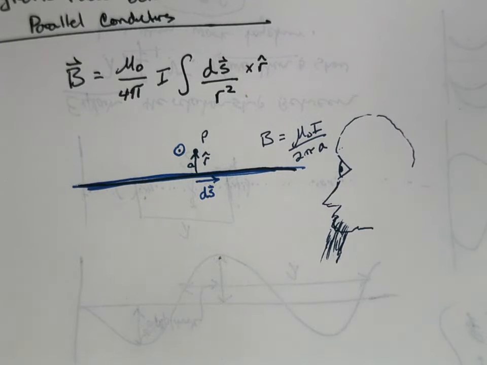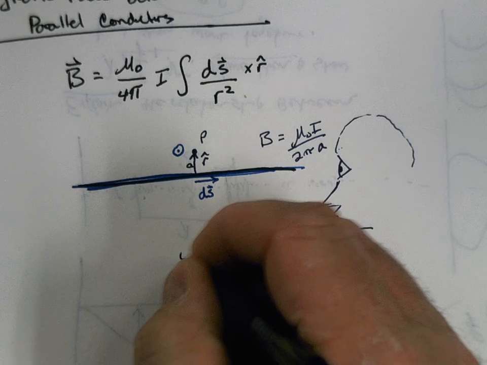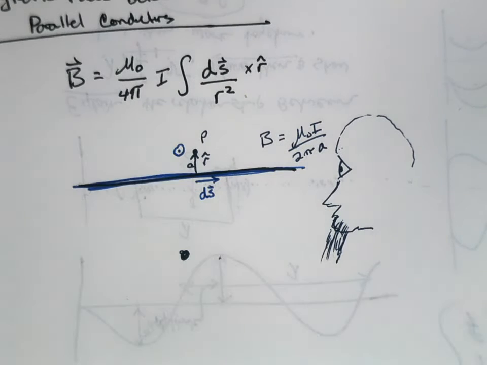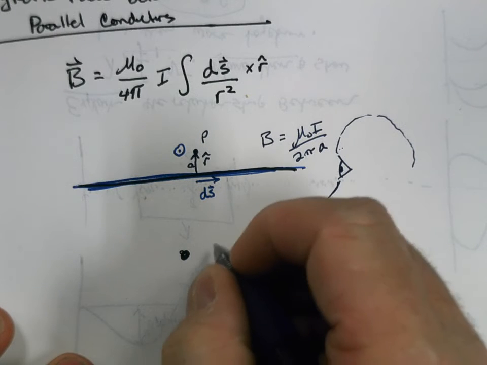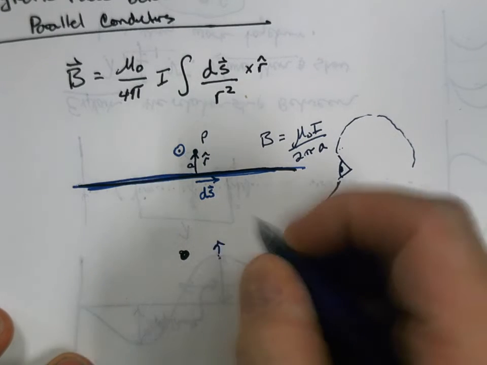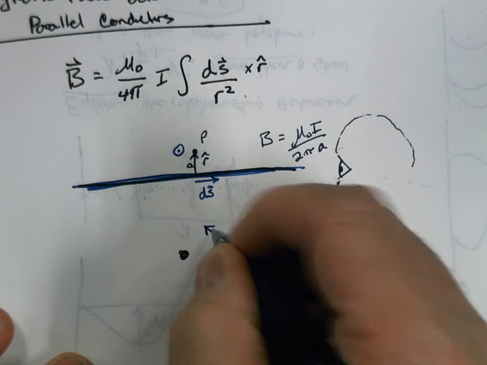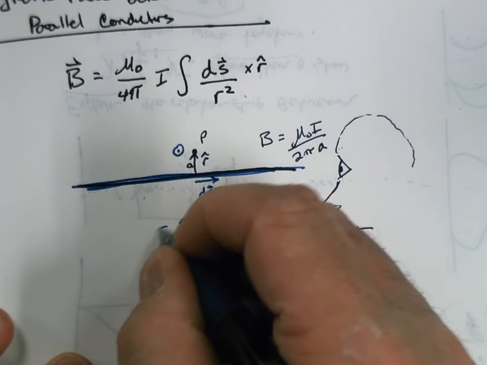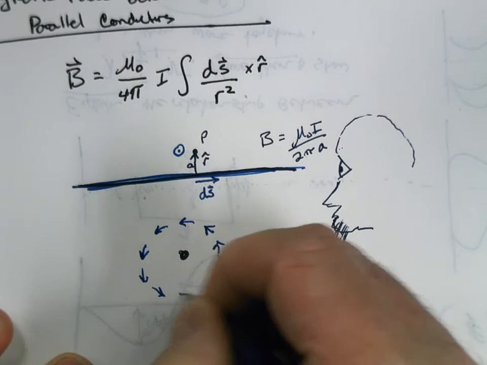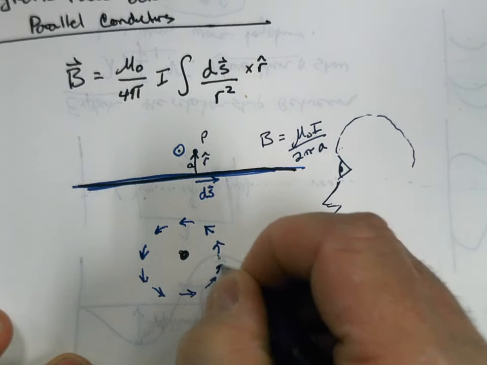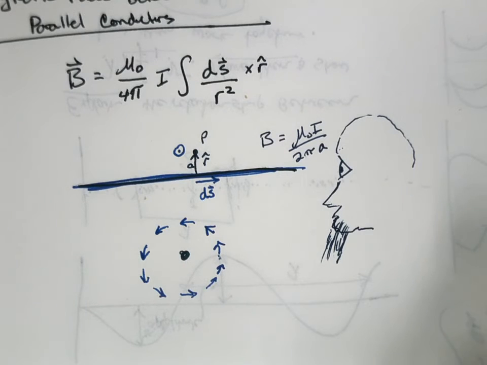All right. So if you look at this dead on, here's the wire coming at you. As we're moving away from the wire, at any particular point, the magnetic field actually looks like this around the wire.